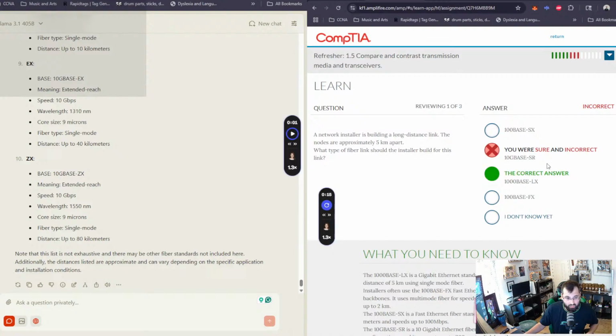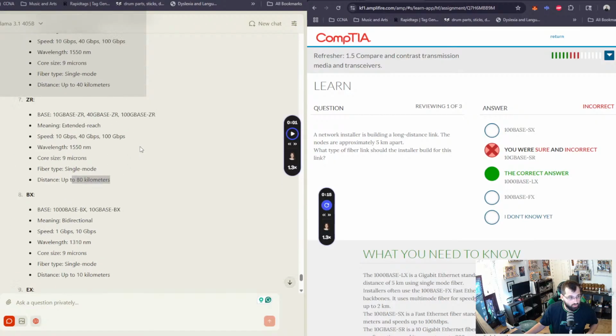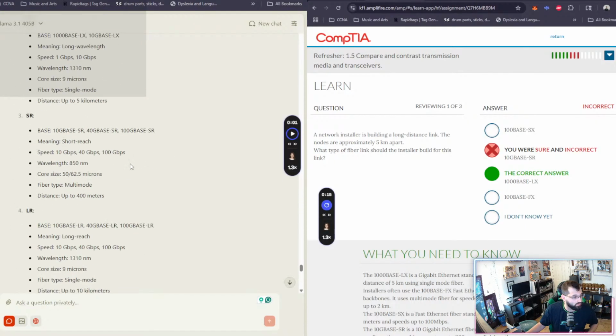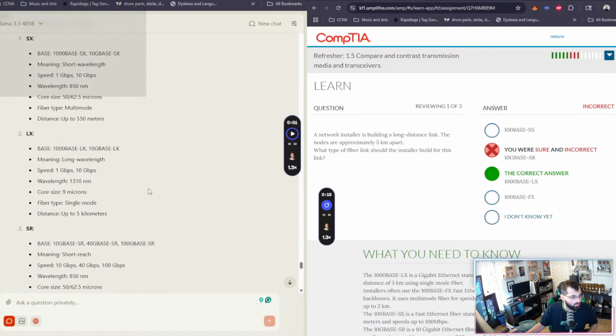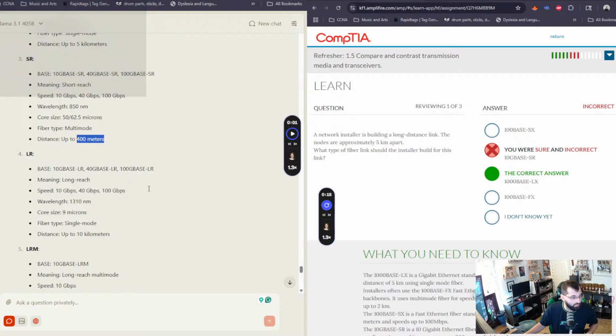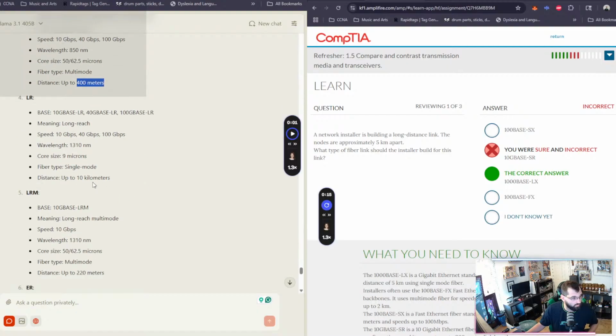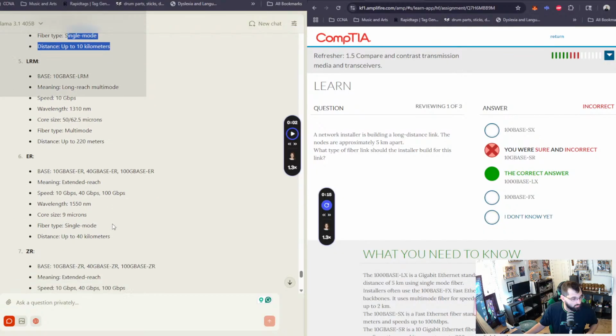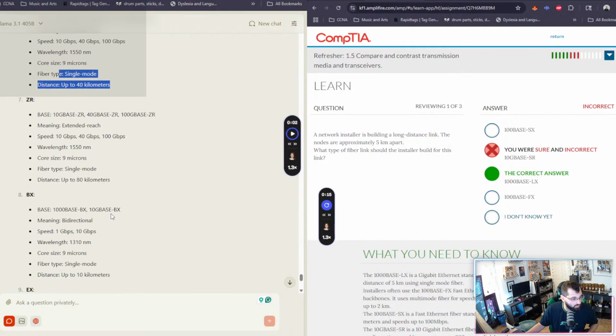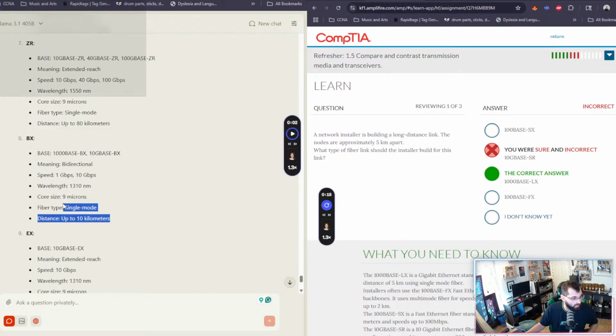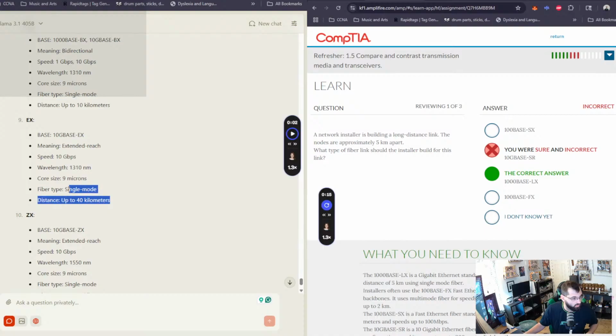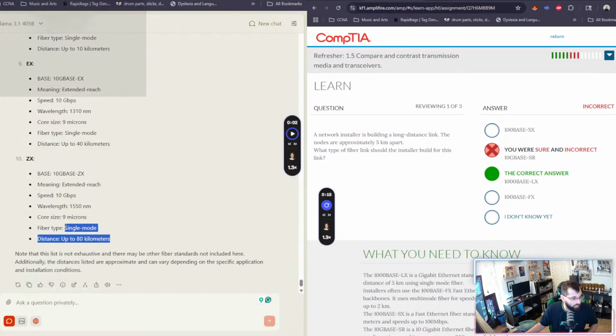That has a 40 meters range. Nowhere close to 5K. 5K. 10K. 40K. 80K. 10K, 40K, 80K.